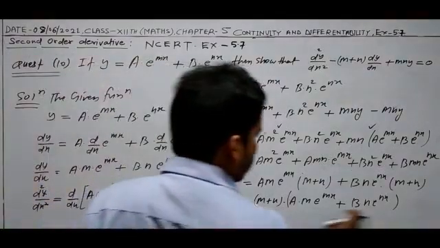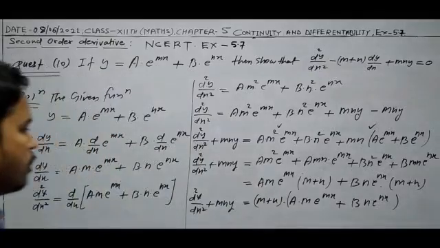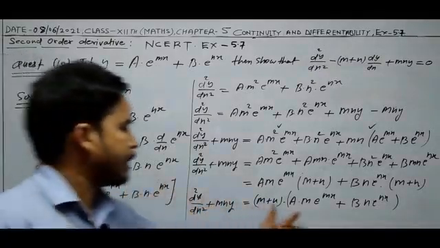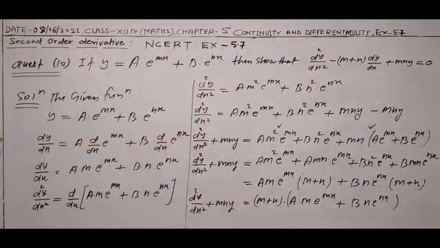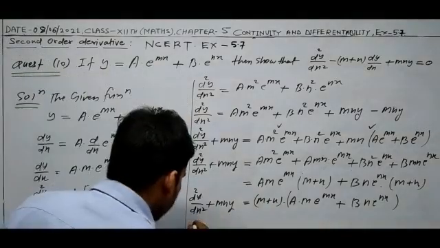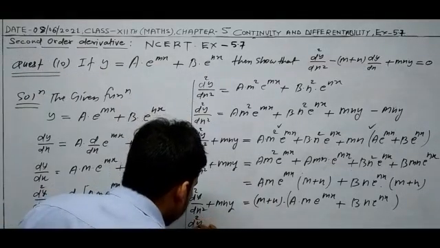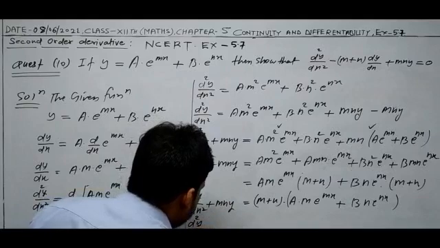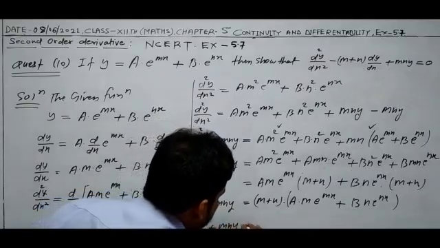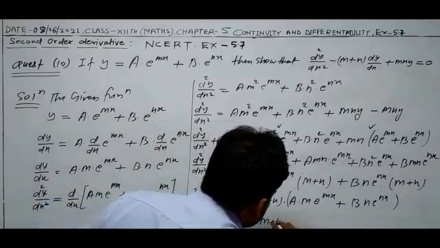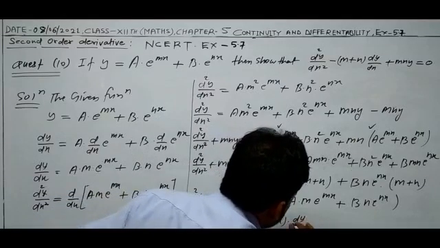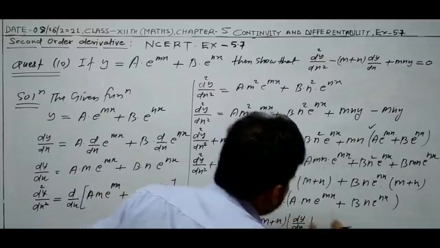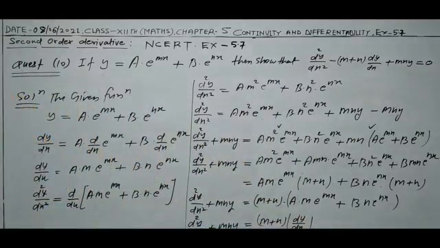This is dy by dx. So when you put dy by dx, the result will be d2y by dx2 plus mny is equal to m plus n times dy by dx, because this is the value of dy by dx. So this is the proof.